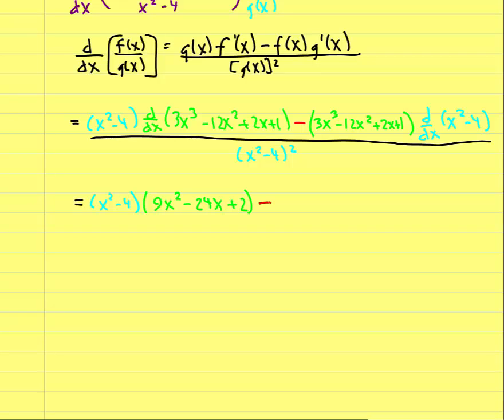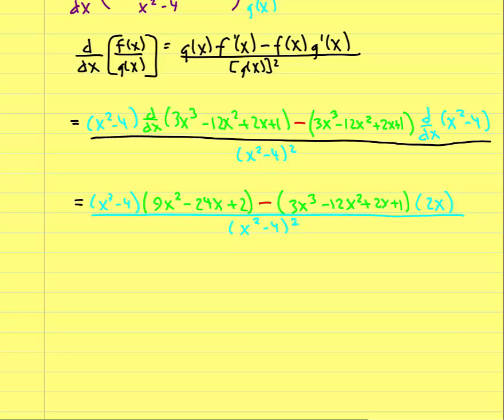Again, I need to make sure I have this minus sign and a set of parentheses, and I distribute when I'm done simplifying. And the derivative of x squared minus 4 is 2x, and the derivative of minus 4, a constant, is 0. And this is all over x squared minus 4 quantity squared.